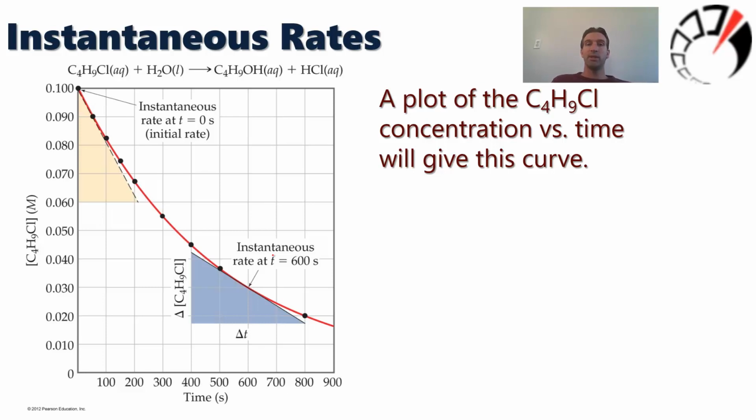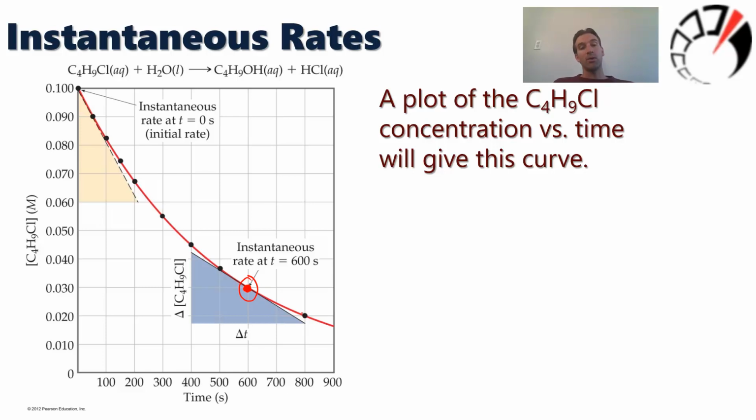We say that this is the line tangent to a curve. If we take a single point on that curve, there's a line that touches only that one point. That line is the rate of change at that given time. So here at 600, our rate could be calculated by finding the slope of that line.